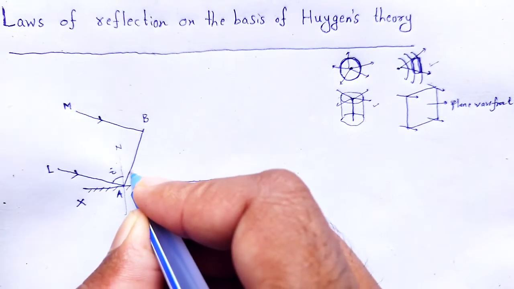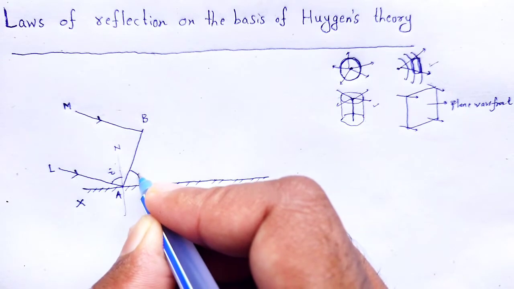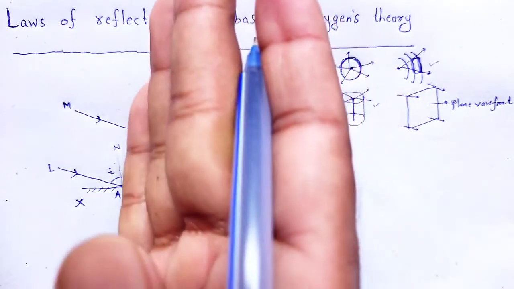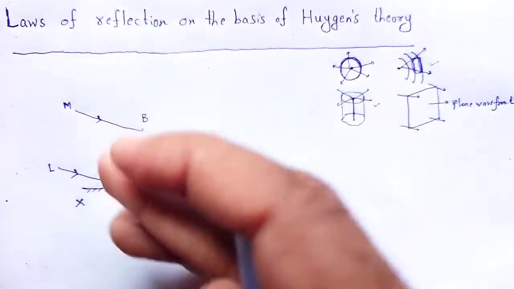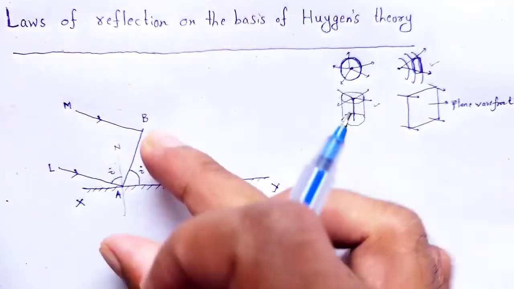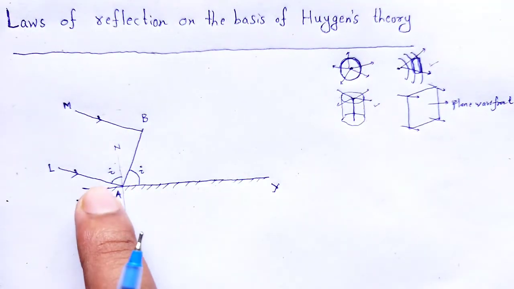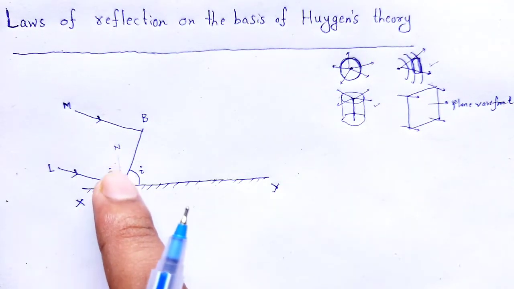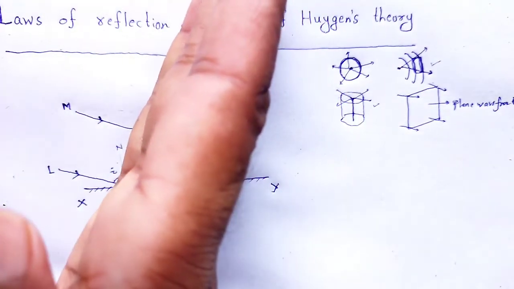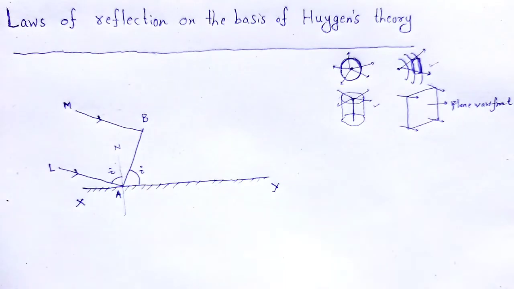That angle is the same as this angle i, the angle between the incident plane wavefront AB and the surface, which is the normal to that plane.